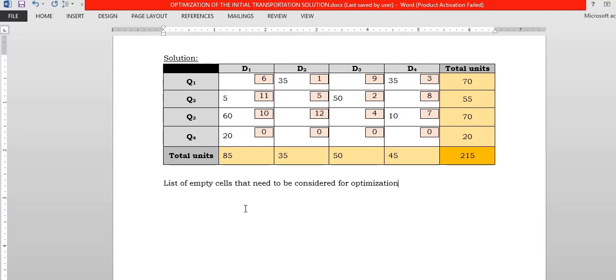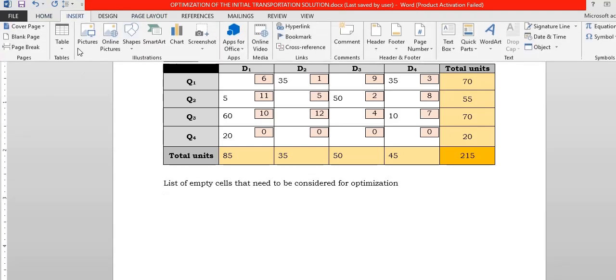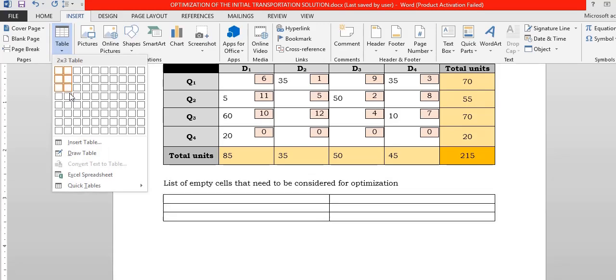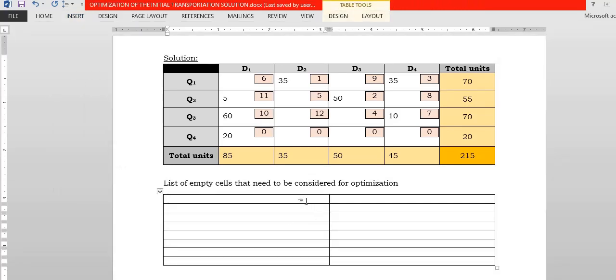Okay. So this is what we're going to do. I'm going to insert here a small table, something like that. So I shall say here code to empty cell. Then its computation. Cost assessment.